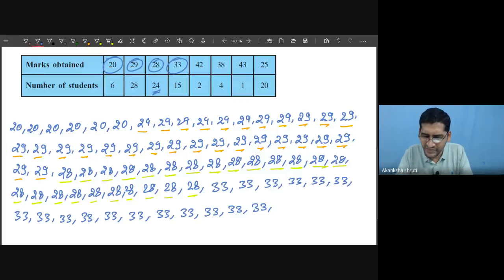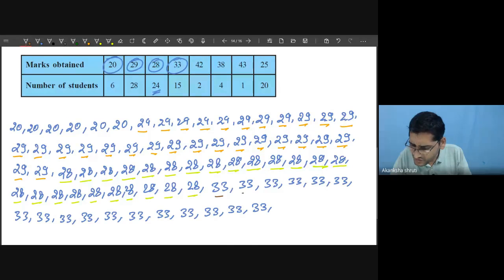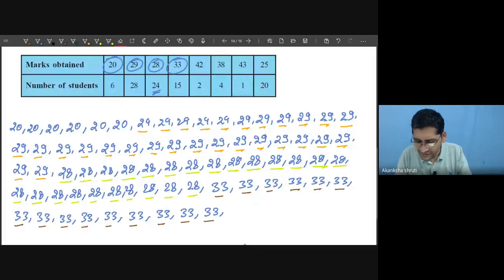I hope it might have reached 15 times. So again count it. 1, 2, 3, 4, 5, 6, 7, 8, 9, 10, 11, 12, 13, 14, 15. Remove the other two. Okay. So after this 33, we have to go for 42.